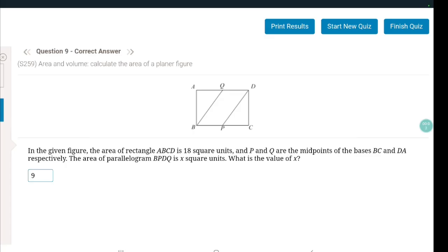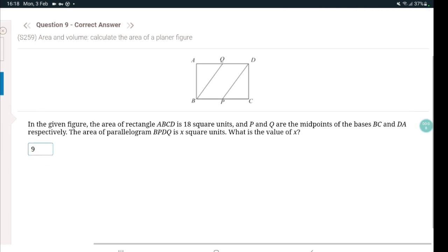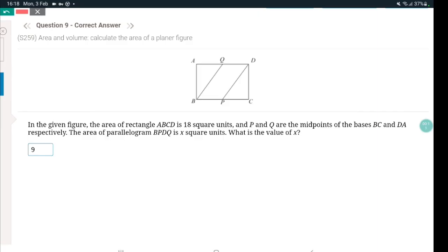Now in question 9, they're asking to find the value of x, which is the area of this parallelogram.